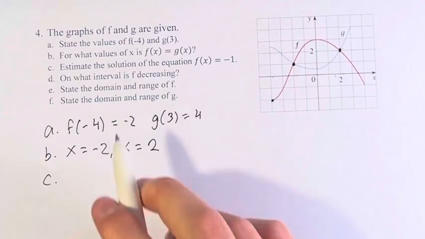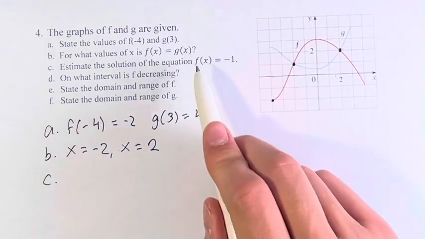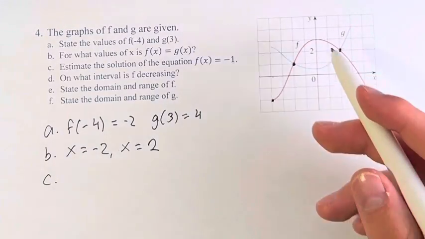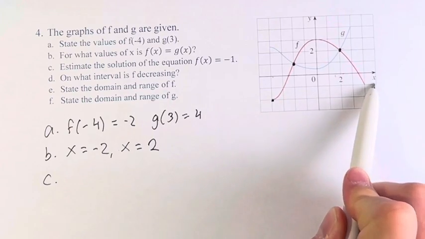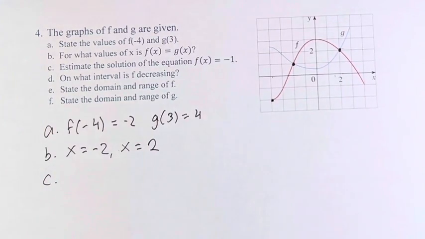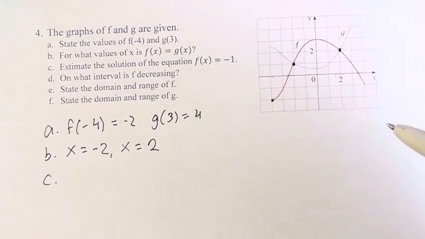C, estimate the solution of the equation f of x is equal to negative 1. So y, which is representing f of x here in this plane, is equal to negative 1 on this line right here. Therefore, we have to find where it is intersecting.